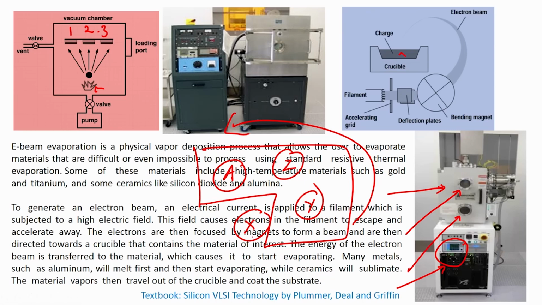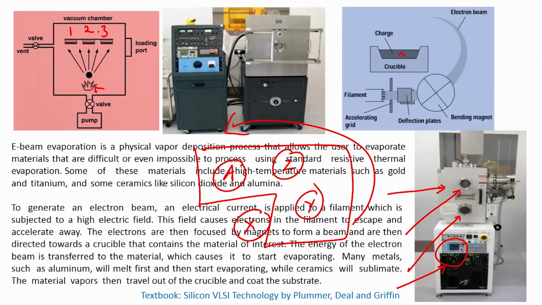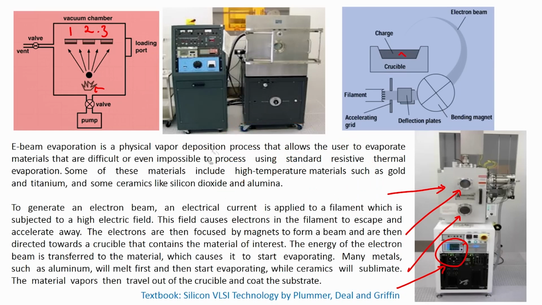Now, once I am done depositing the material from the source X, we have to deposit a material which is on A, alright, that is our process. Then in that case I will rotate the source in such a way that now my A will be here, my X will go here, Y will go here, Z will go here, right. So, for rotating the source, I have the source rotation facility which we can use using programming.